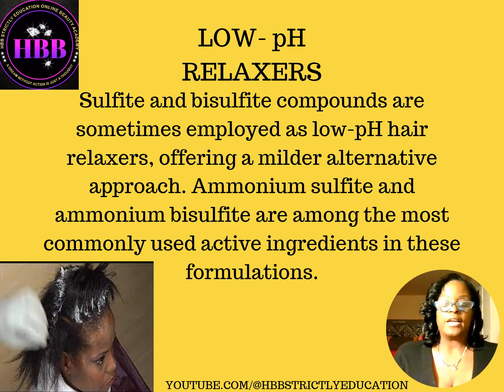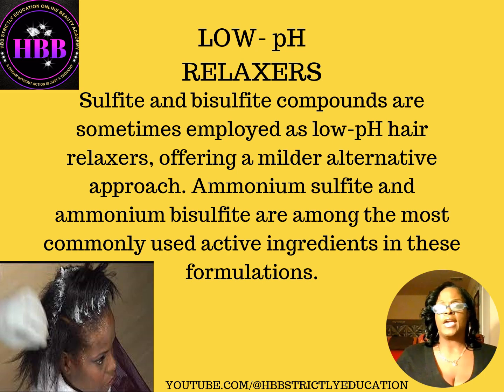Low pH relaxers. Sulfites and bisulfites compounds are sometimes employed as low pH hair relaxers, offering a milder alternative approach. Ammonium sulfites and ammonium bisulfites are among the most commonly used active ingredients in these formulations. So already we know a low pH relaxer is going to have a lower pH on the pH scale.